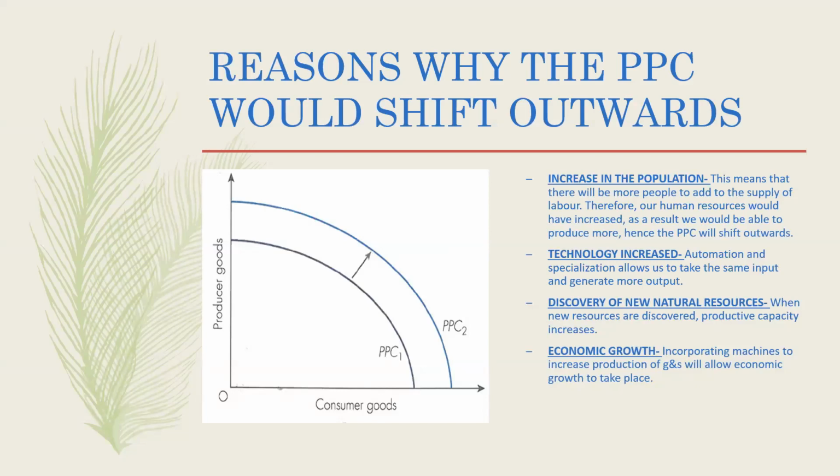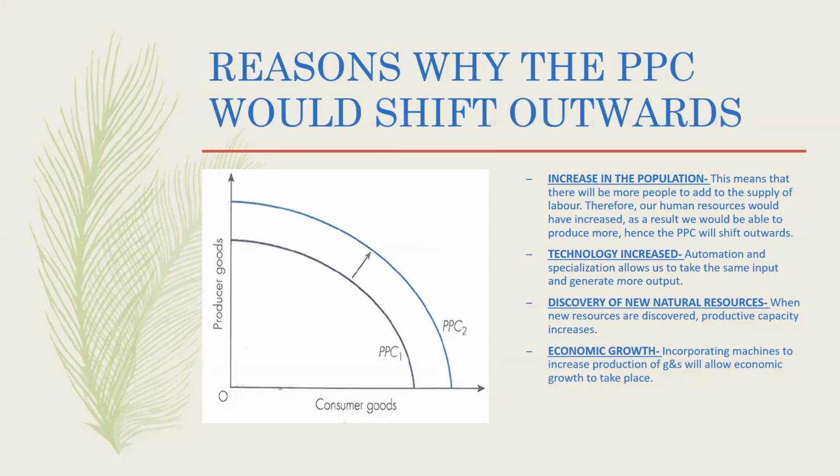So the first one we're seeing here is increase in population. This means that there will be more people to add to the supply of labor. Therefore, our human resources would have increased. As a result, we would be able to produce more. Hence, the production possibility curve will shift outwards.